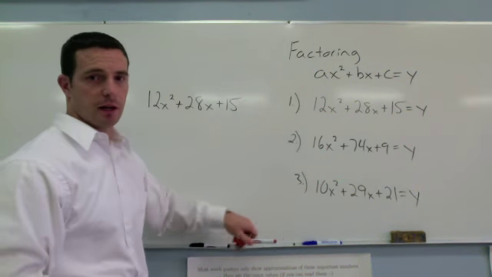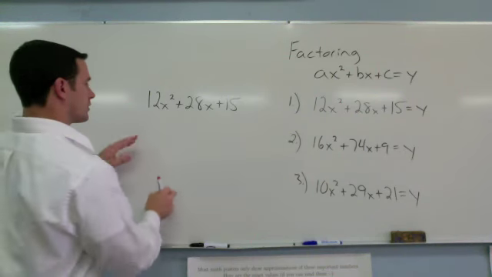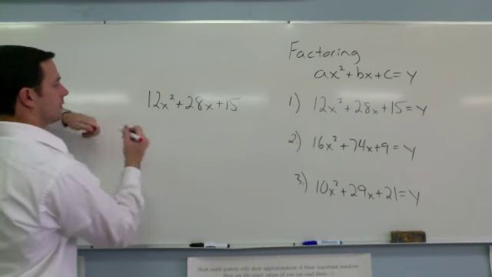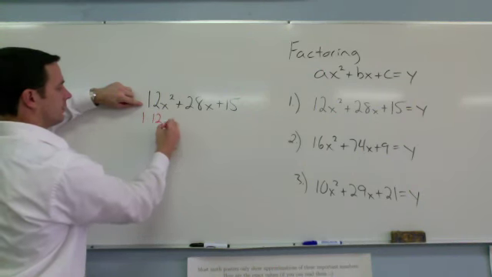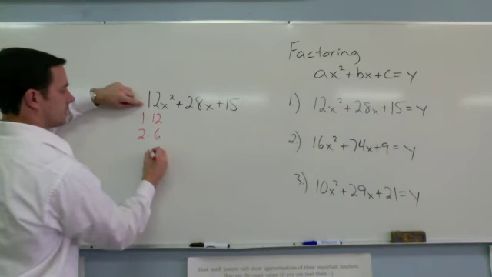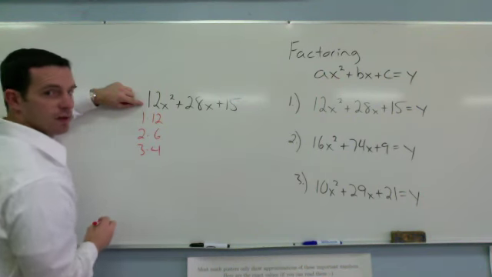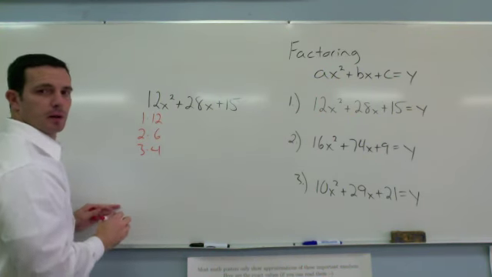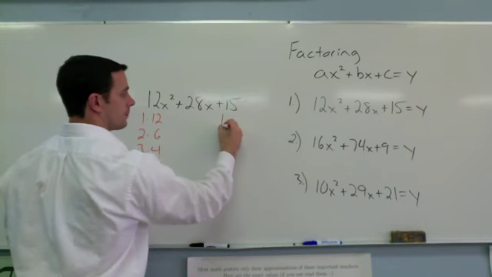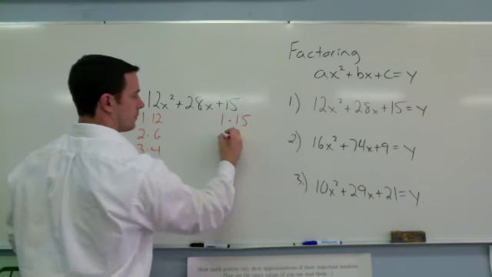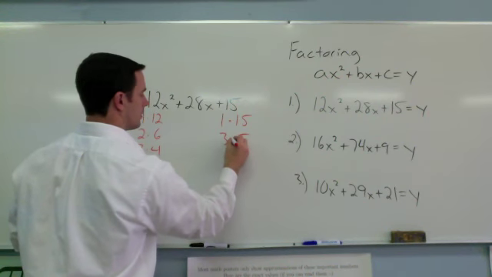Now, to factor this down, I need to first look at all the factors of 12. So it would be 1 times 12, 2 times 6, 3 times 4. Next, I'm going to look at all of my factors of 15. 1 times 15, 3 times 5.